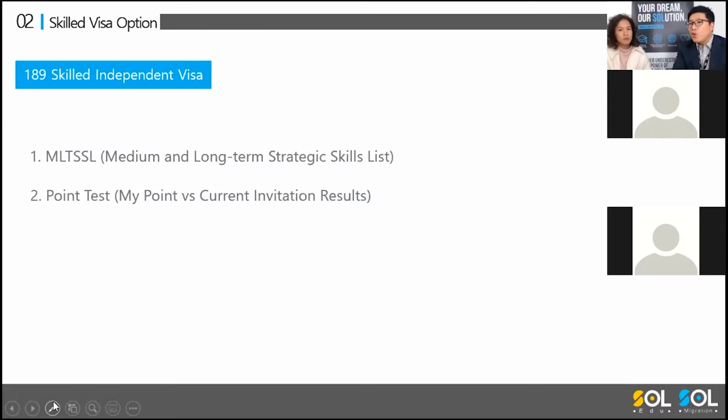So if you only target this 189 visa, you may not get an invitation at all, even 2 or 3 years later, because the current immigration trend clearly shows they will reduce the 189 invitation quota and allocate more invitations for the regional visas.